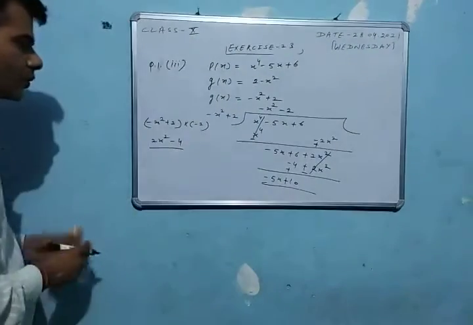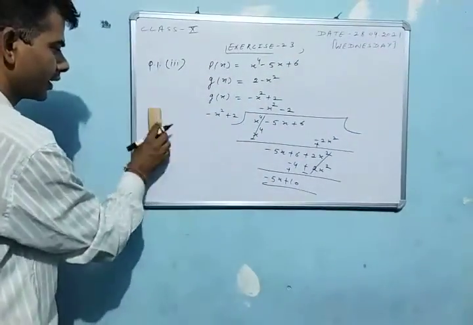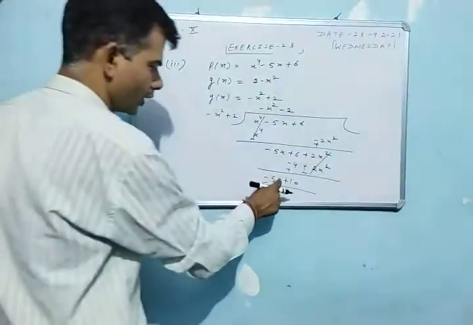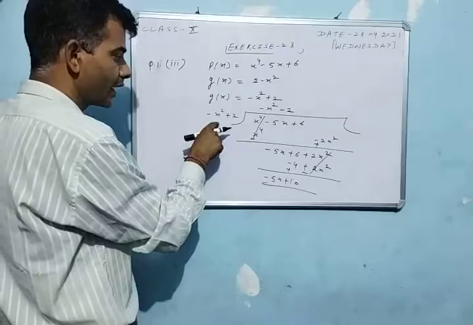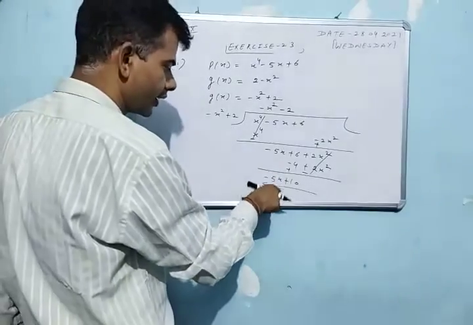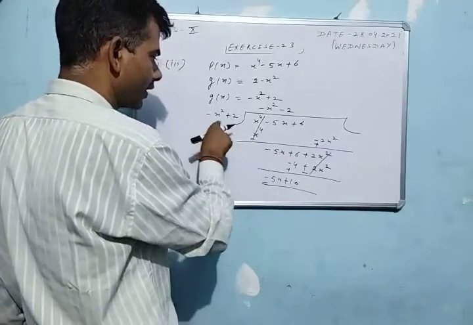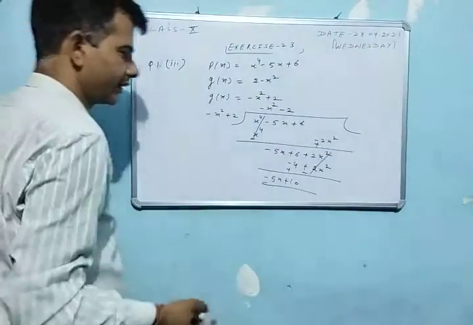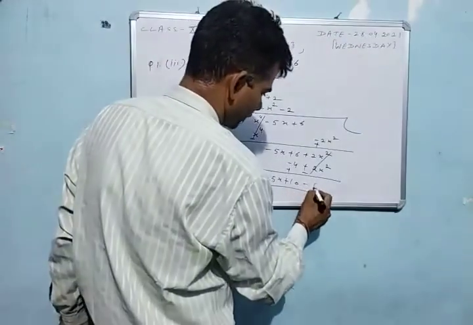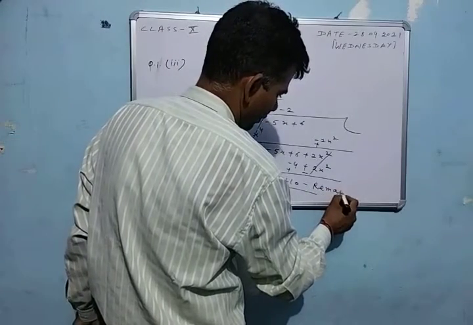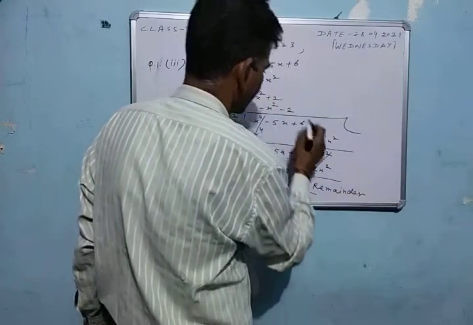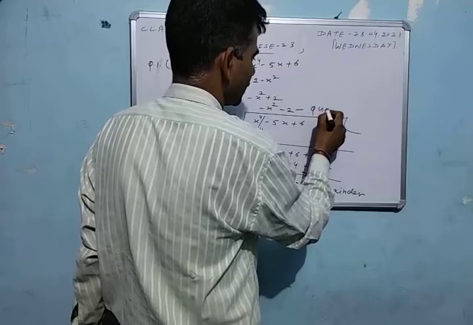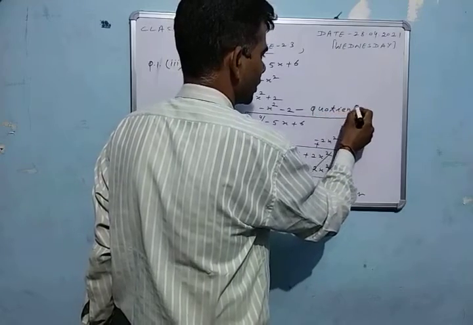Students, here we are observing the degree of the remainder. The degree of the remainder is 1 and the degree of the divisor is 2. So now the degree of the remainder is less than the degree of the divisor. So it is not further divided. It is your final remainder, and that is your quotient.